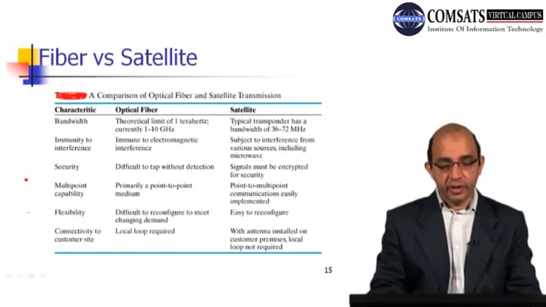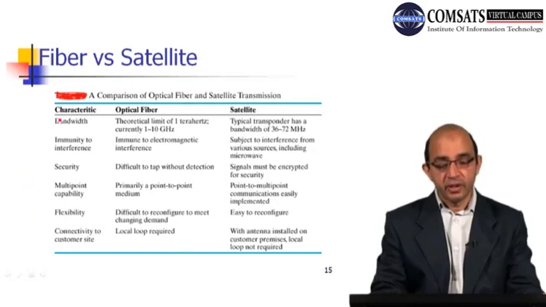So here we have a comparison of fiber and satellite transmission. As the frequency range of fiber and the satellite are close, right, and the data transmission rate is also comparable, that's why we have a comparison over here. We have mentioned different characteristics, optical fiber and then satellite.